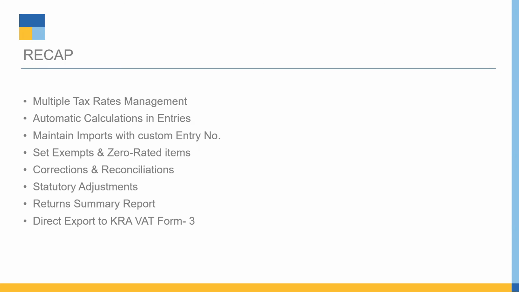And eventually, you'll be able to get your return summary report, which you'll be able to export to KRA. So just to mention, we are not in any way connected to KRA. So you've seen Rita play around with the VAT Form 3 before uploading. It's only when you upload now that you get to share that with KRA. So our work is just ensuring that the process is simplified.